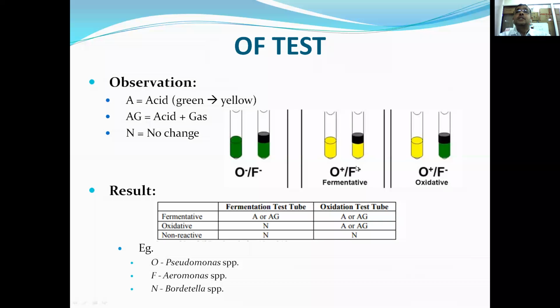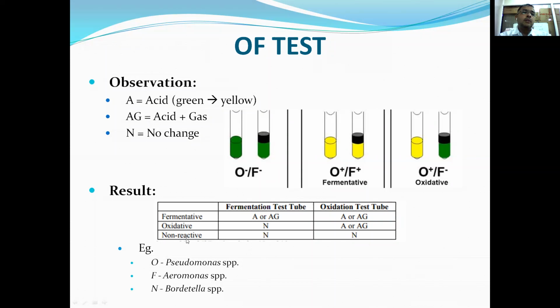So this is the general observation you have to perform in the OF test, and based on it you can interpret the organism in three groups. You may tell that they are fermentative if the reaction is like this, oxidative if the reaction is like this, and there are some organisms considered non-reactive because there is no fermentation, no oxidation.